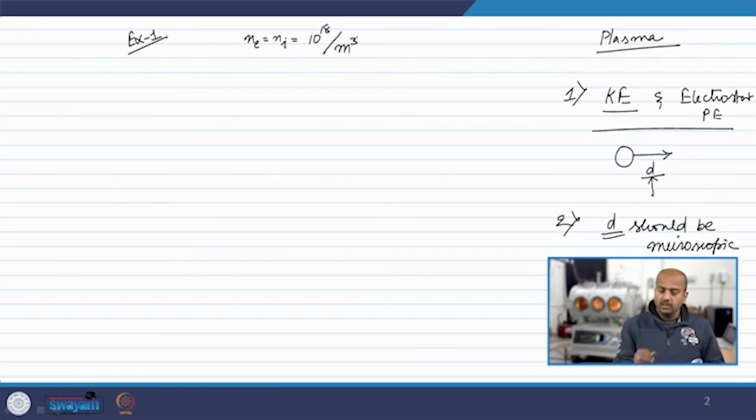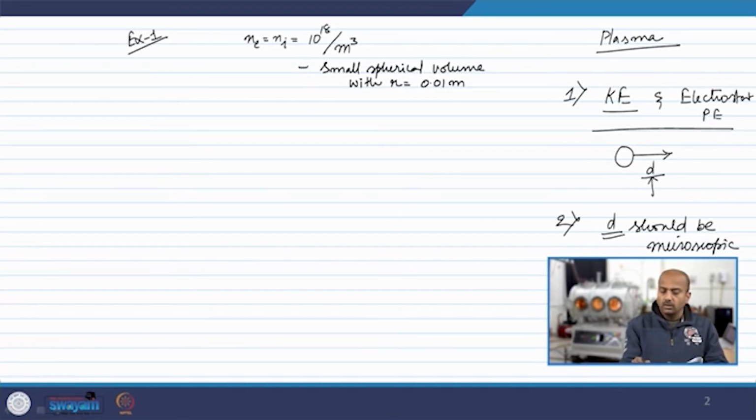So, this is the plasma description, and let us consider a small spherical volume with radius r equal to 0.01 meter.